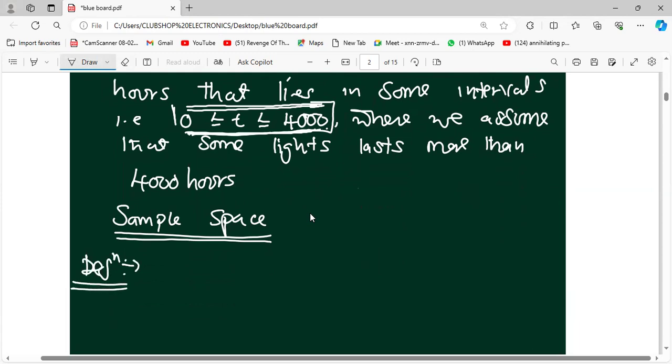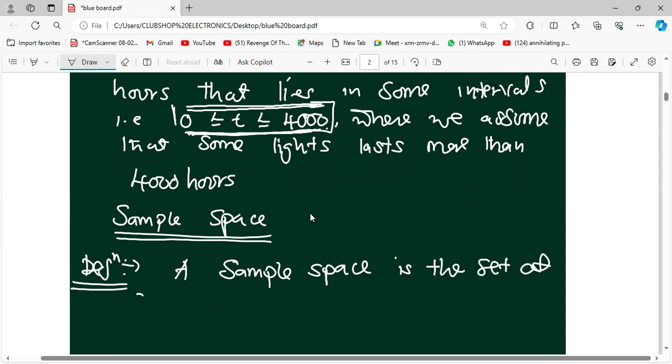So we are saying a sample space is the set of all possible outcomes.